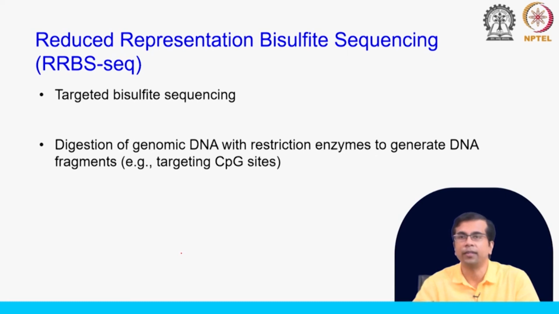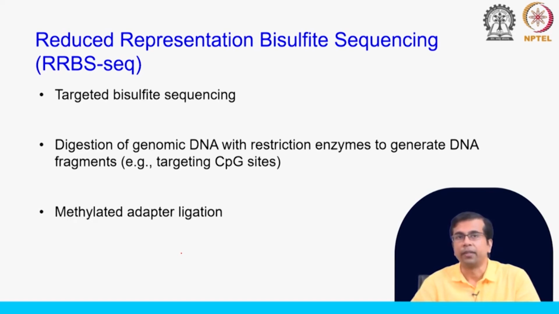From the whole genome you create fragments whose ends contain mostly CpG islands, and these are the regions we are interested in for looking at methylation patterns. Once you sequence from the ends, you will get the sequence data. You do not need to sequence the full genome where you are not interested in studying cytosine methylation.